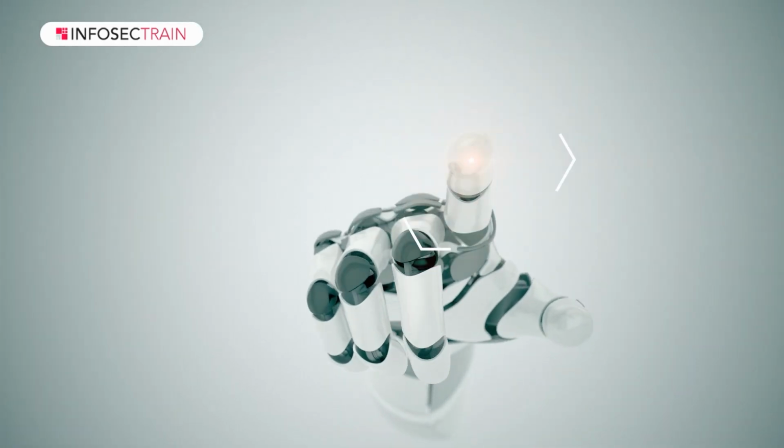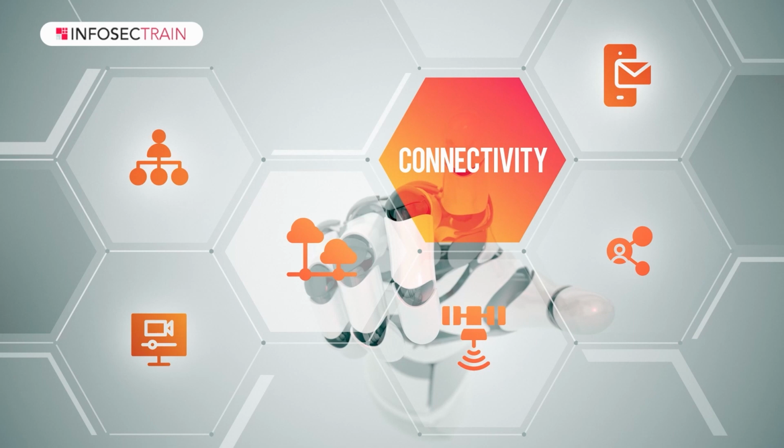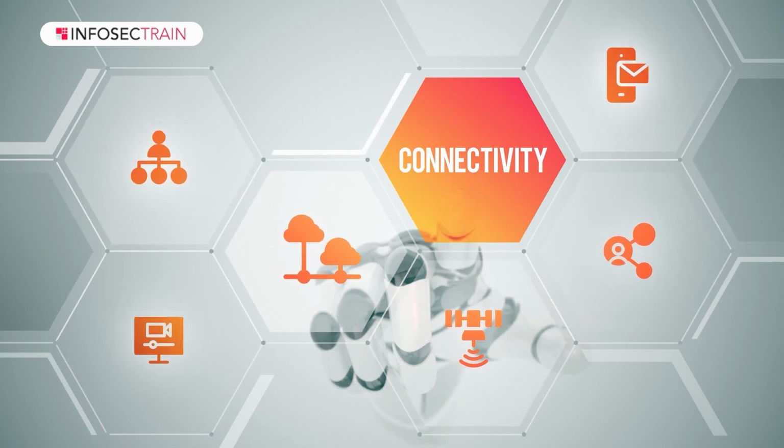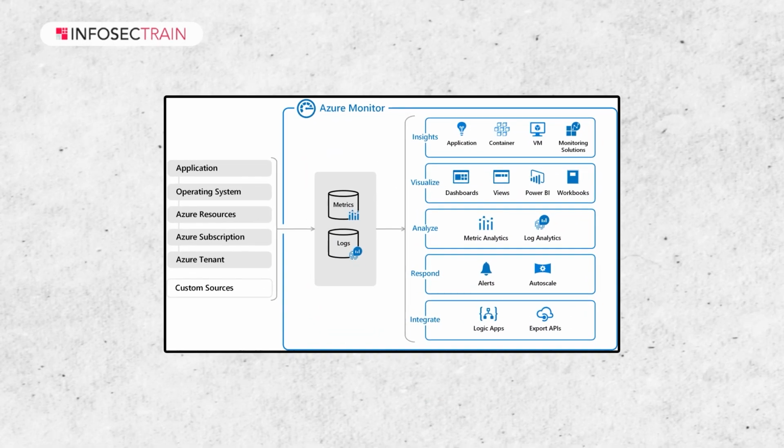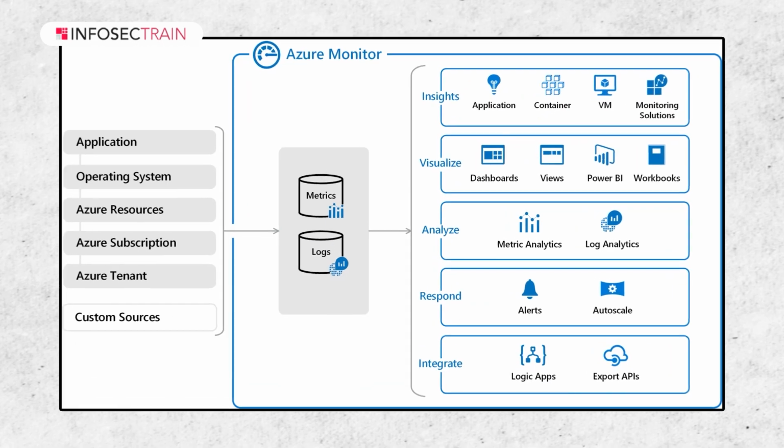After these, we focus on connectivity. So we'll set up RDP or SSH access to connect to the virtual machine. Finally, we can focus on monitoring, enabling Azure Monitor to collect metrics, logs and diagnostics for better performance monitoring. These are the very basic components of an Azure virtual machine.